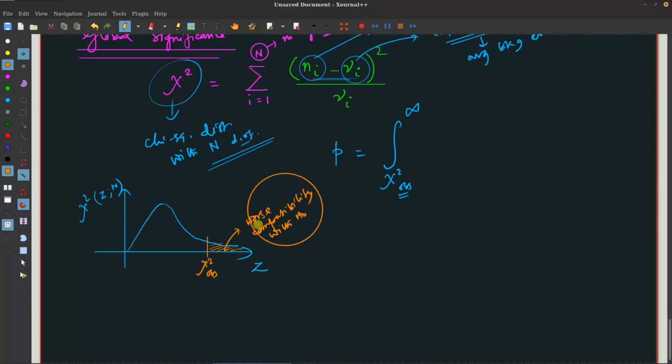So if you integrate this over here, with the chi-square distribution, f of z with N degrees of freedom dz, that gives your p-value, and then you convert it into significance, and this is your global significance.